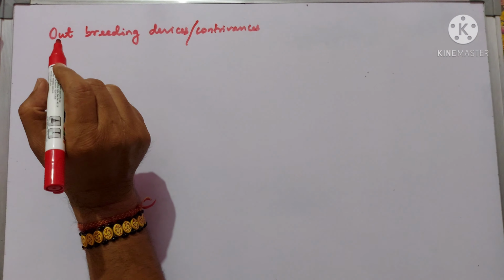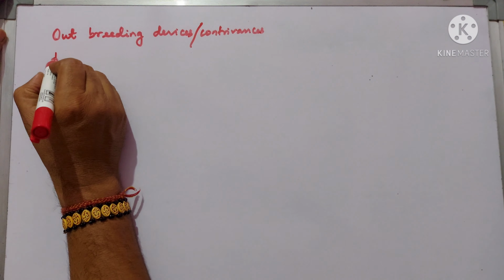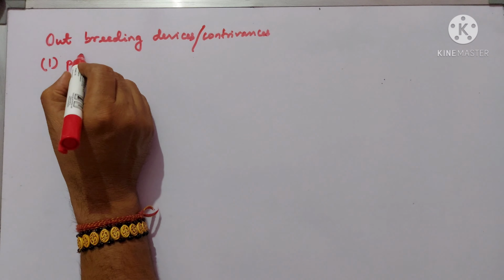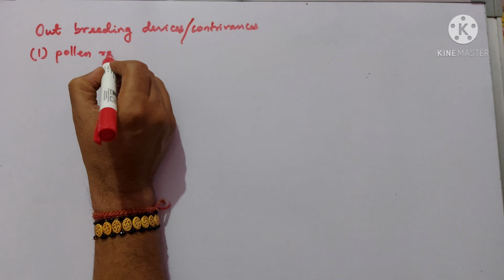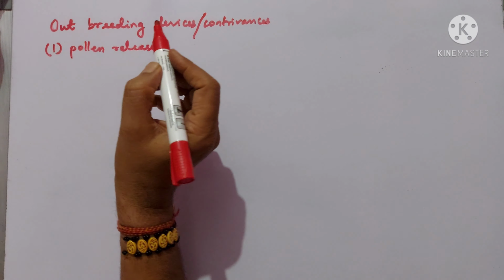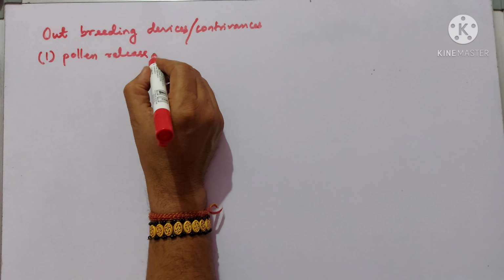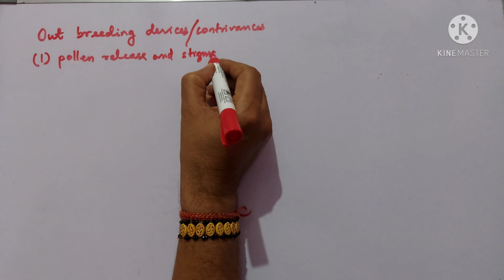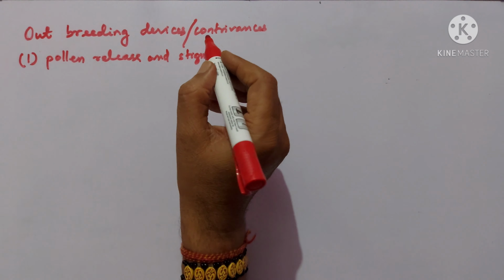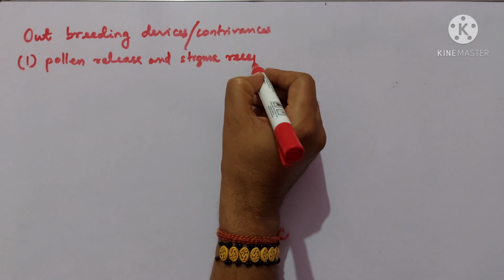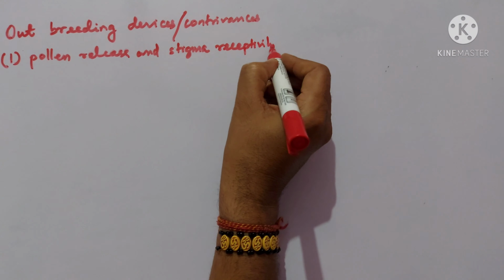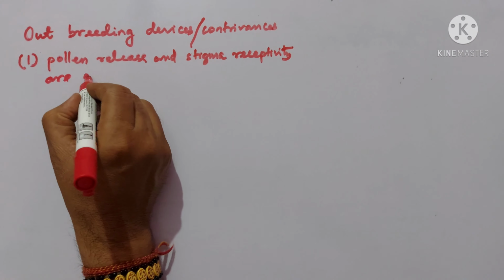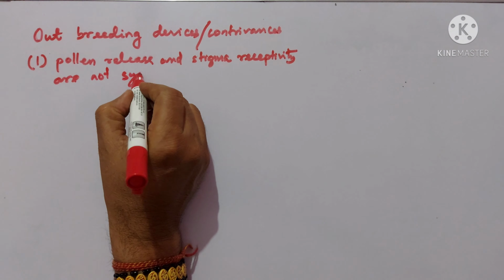So four major important points are there. First one, pollen release and stigma receptivity are not synchronized.